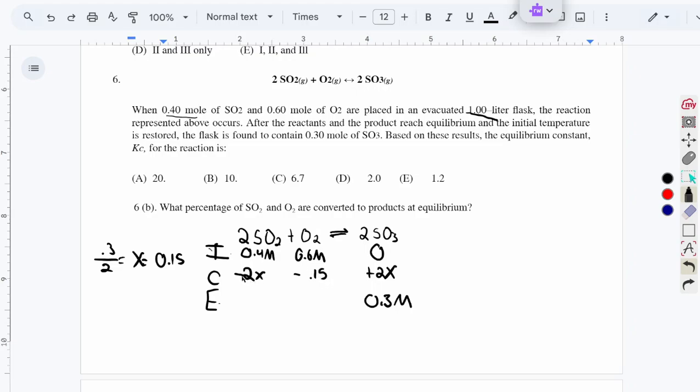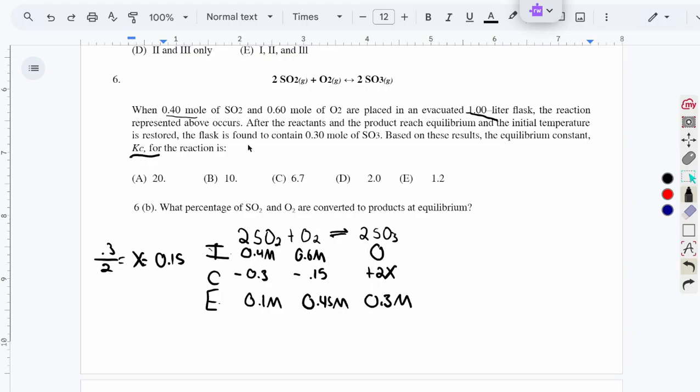And this 2x is going to be, because it's 2x, 0.3. So 0.4 minus 0.3 is going to give me 0.1 at equilibrium. And 0.6 minus 0.15 is going to give me 0.45 at equilibrium.